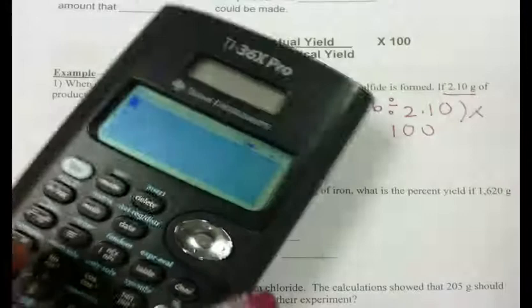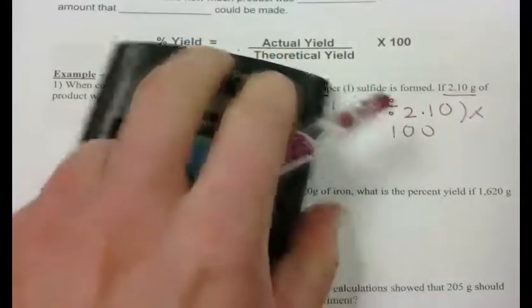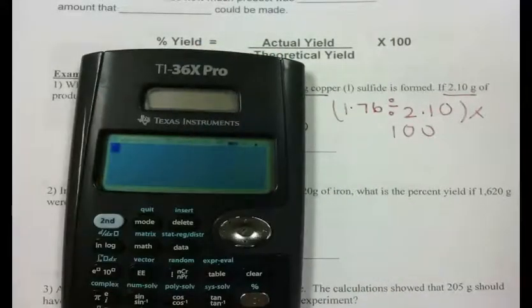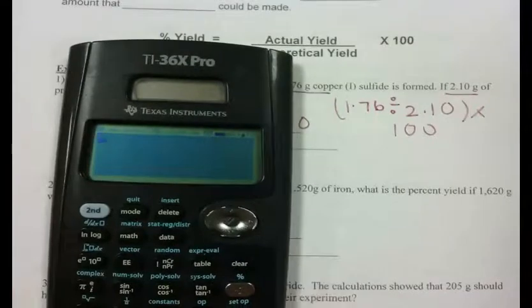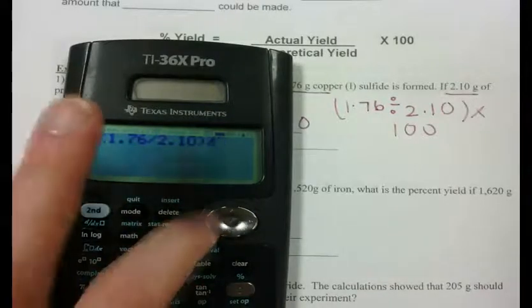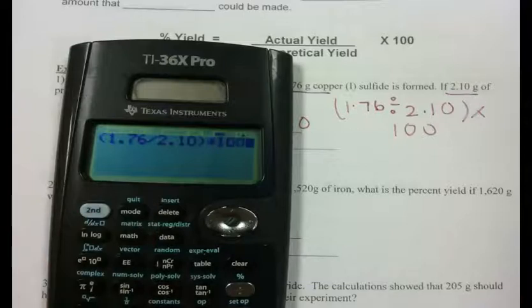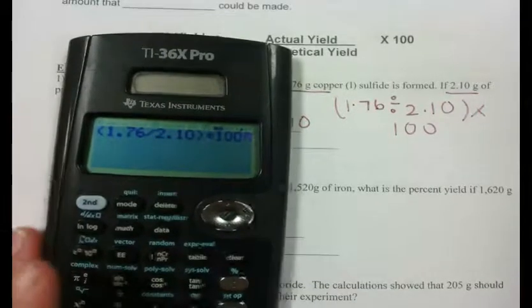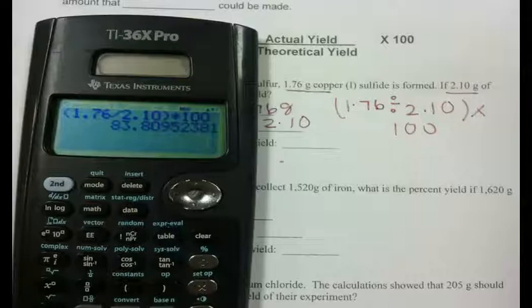All right, I'm going to put that into my calculator. Use your parentheses so you can do it all in one step. Okay, so I've entered that in with parentheses. Hit enter.